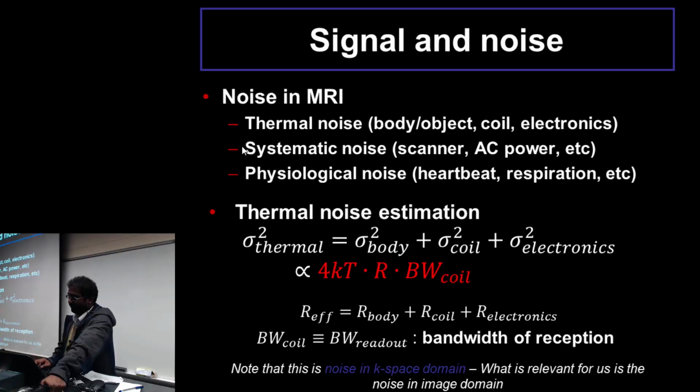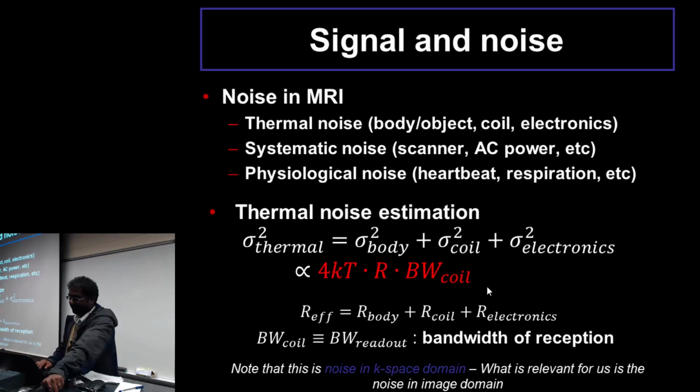What is relevant for us is actually the noise in the image domain, and what the nature of that is relative to the noise that is being recorded in the k-space. So this dependency that you see is the noise dependency in k-space.